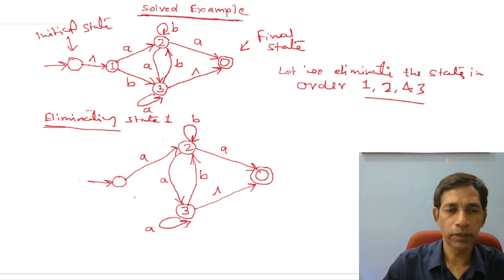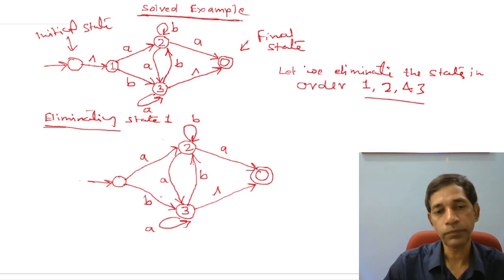From the initial state, the other outgoing edge goes to the state 3. So you have the null B, means you are concatenating null with B, and the resultant is B. So you have the direct edge from the initial state to the state 3, and the resulting label is B. So this we have done.